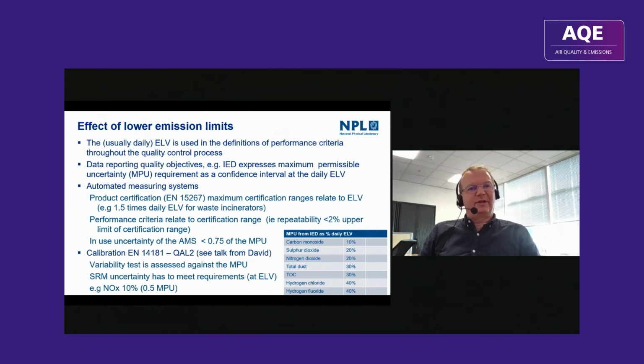But that variability test to show whether that calibration has passed is again assessed against the maximum permissible uncertainty. And the SRM itself, the standard reference method, has uncertainty requirements within it, and these again are expressed generally as percentages of the MPU, which is based on the ELV. So it's all of the lower emission limit values feeding through to requirements in terms of performance of the methods and pass and acceptance criteria.